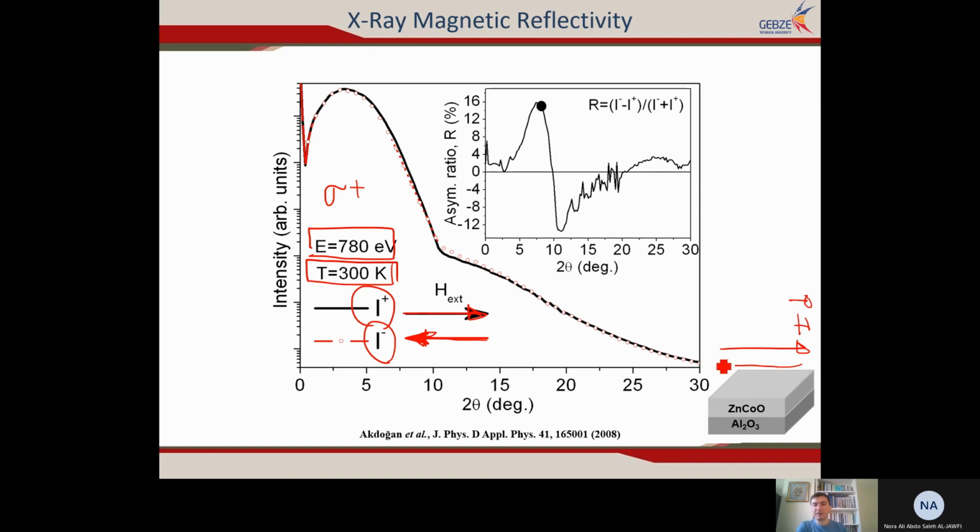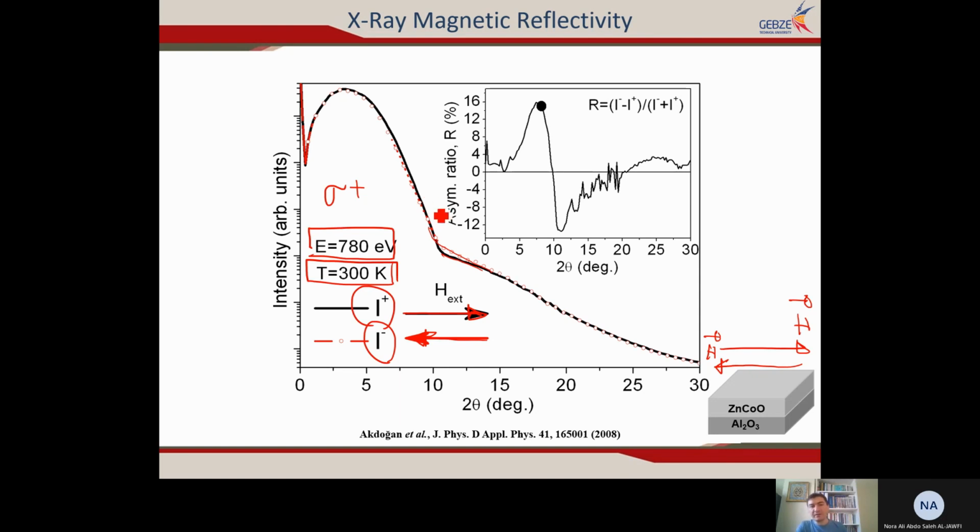The red one is taken with the magnetic field in the opposite direction. So look at the reflectivity curves. Can you see any difference between them? Actually, it is not so easy to see any difference. Here, maybe we can see very small differences, okay? But it is not so easy to judge any difference between these two reflectivity curves.